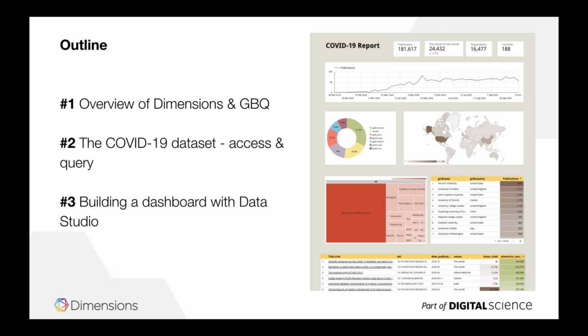And finally, we'll open up Google Data Studio. We'll pull data from the COVID-19 data set into this dashboard developing environment. And we'll try to build a dashboard just like the one you see on the right-hand side here. So essentially, this is a dashboard that shows the amount of new publications related to COVID-19 entering the Dimensions data set over the last year or so, plus a number of other statistical breakdowns of what these publications are about.